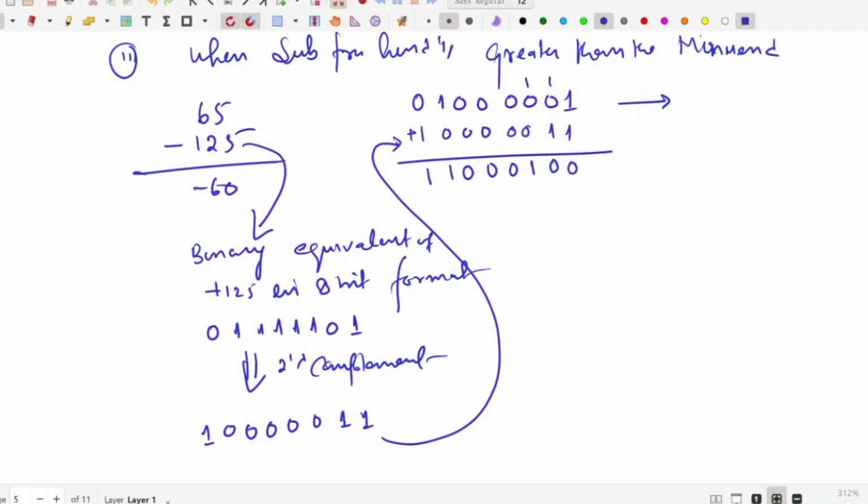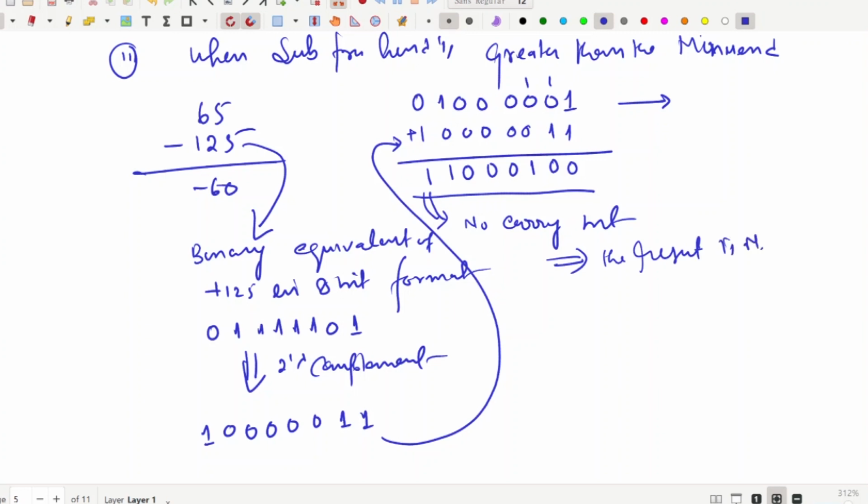This means that if there is no carry bit, the result is negative.